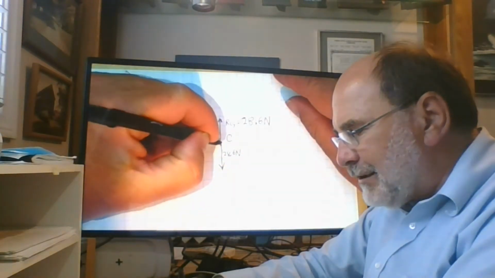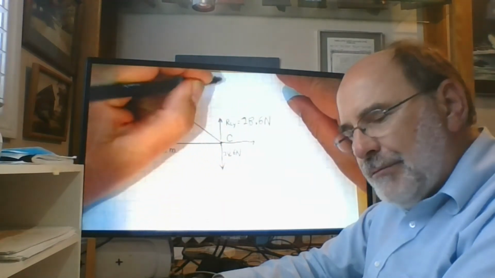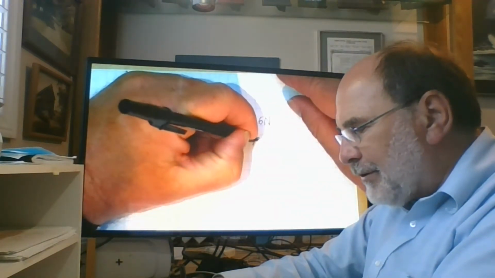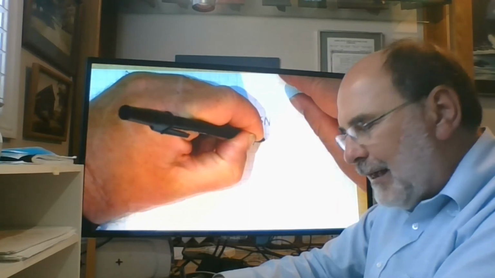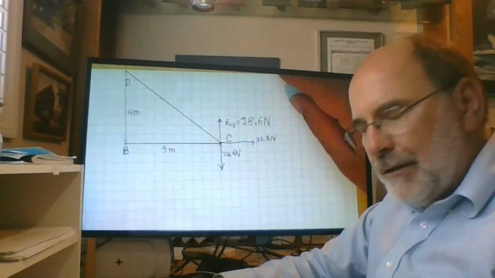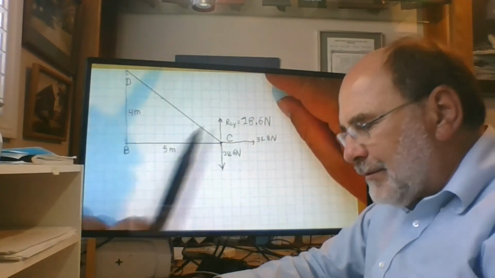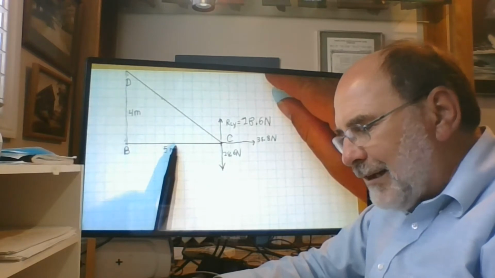And that ratio means it's really going 10, 20, 35. It's really pushing to the right with 35.8 newtons of force.